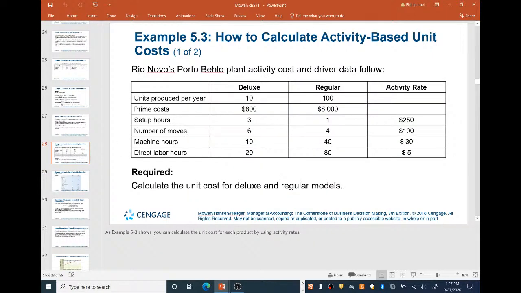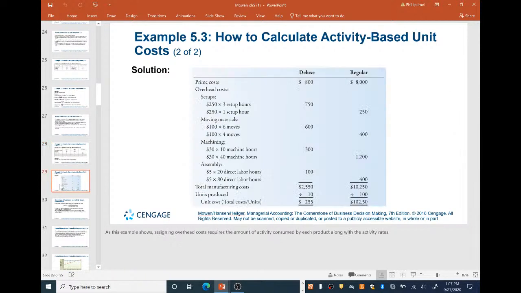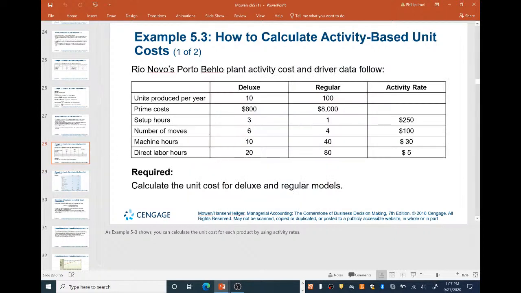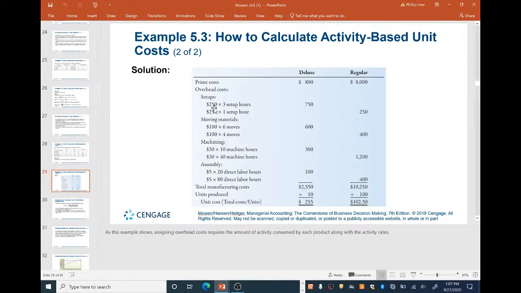Next, the setup hours. Remember, this is dealing with the overhead cost between the setups of the components. So let's look at where we get this data from. Setup hours, activity rate is $250. So that's where this 250 is coming from.